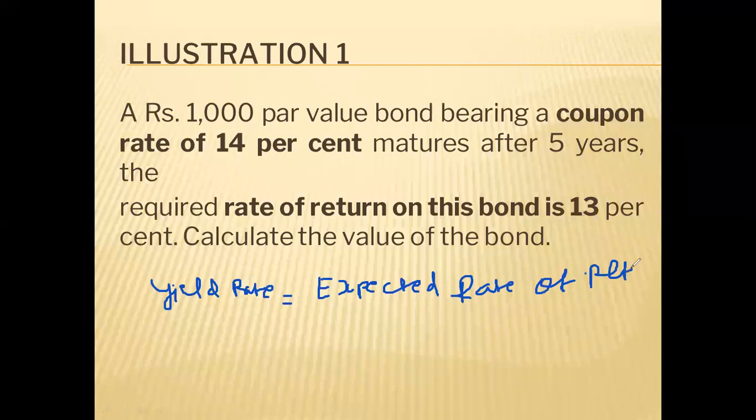This is the market expectation. Market means investors will have an expectation that if they invest in the bond, they should get at least 15% return. But the actual return which is given by the company is known as coupon rate.